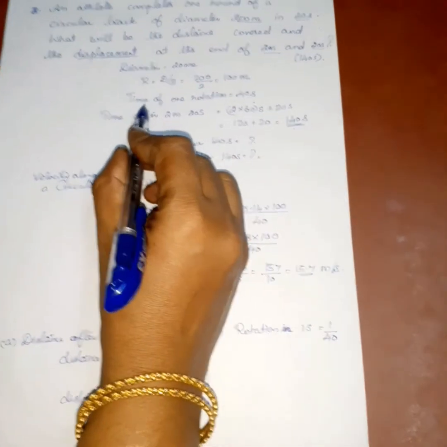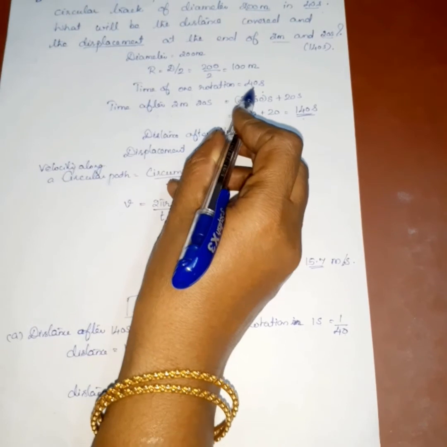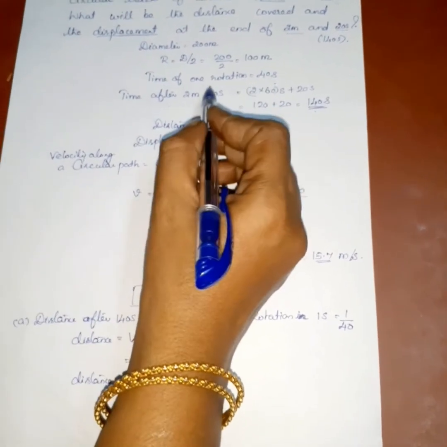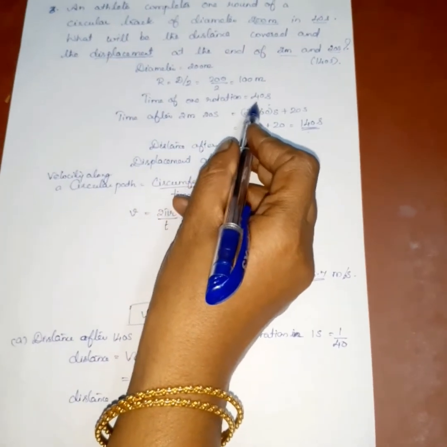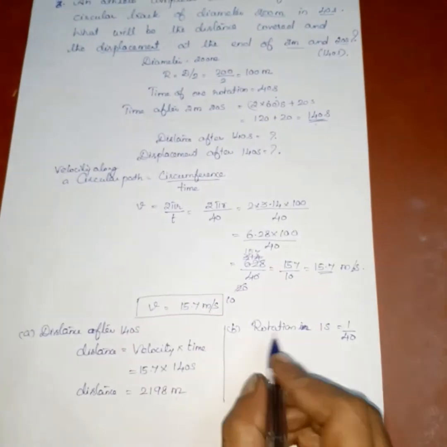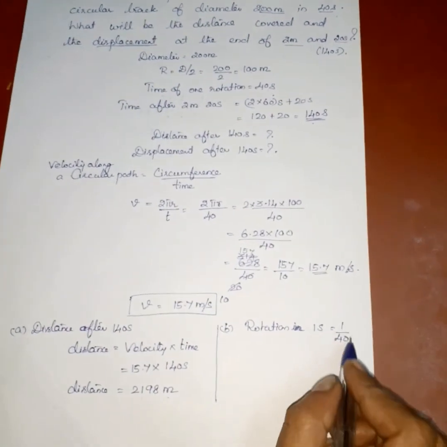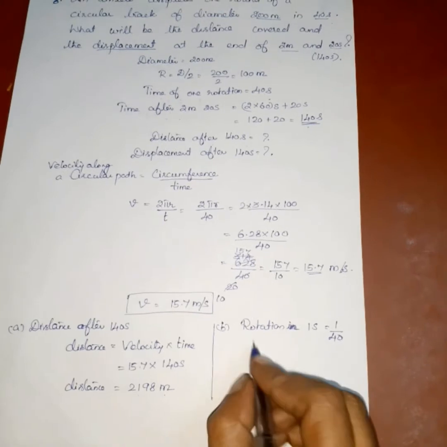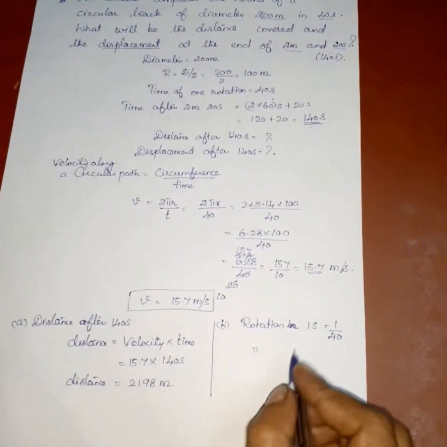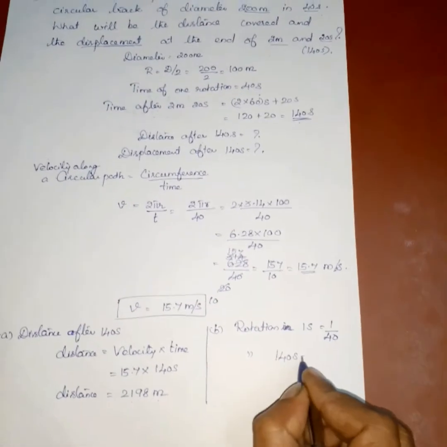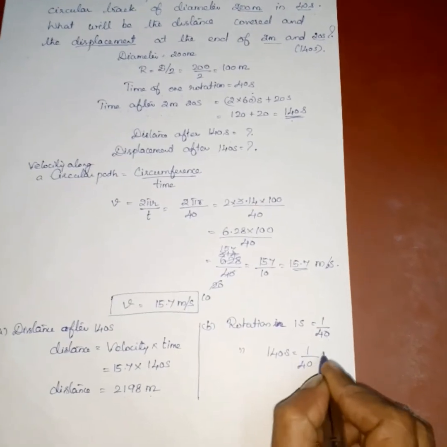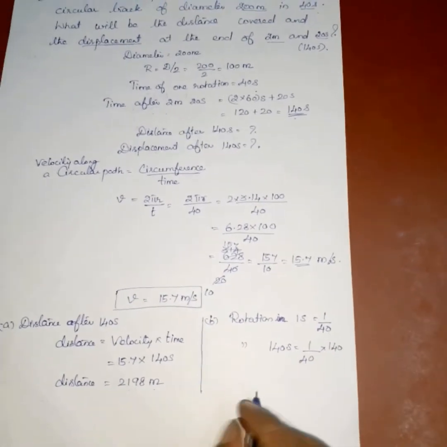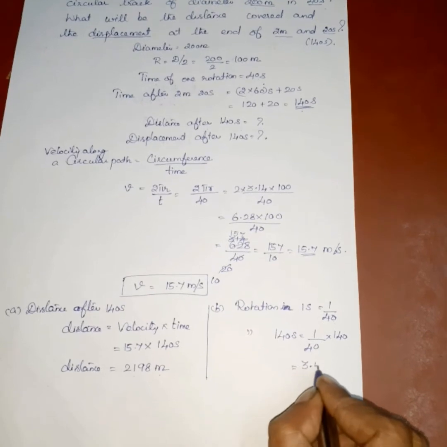Here listen, time of one rotation is equal to 40 seconds. So rotation in 1 second is equal to 1 divided by 40. So rotation in 140 seconds is equal to 1 divided by 40 into 140, equal to 3.5.